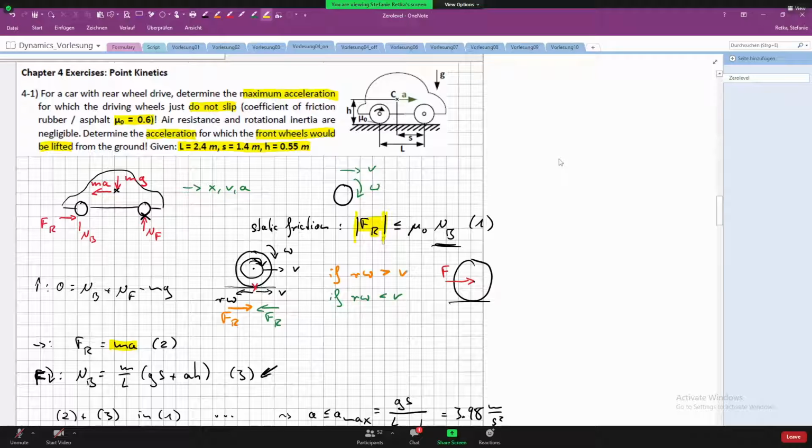So it wouldn't have mattered in case of static friction. It doesn't matter whether we chose the correct direction of the force of friction or not. Then I used this and substituted in here. And then I rearranged for the acceleration. You cancel the mass, and then you just simply rearrange.